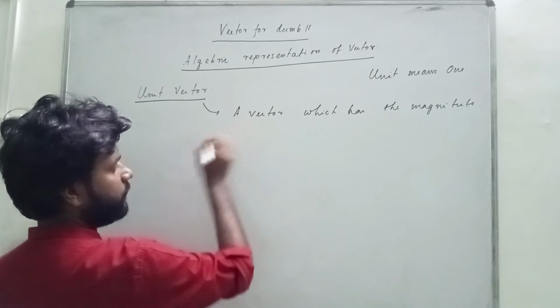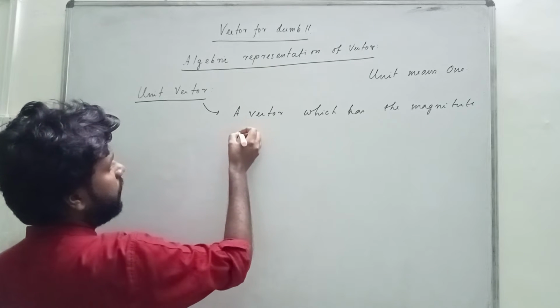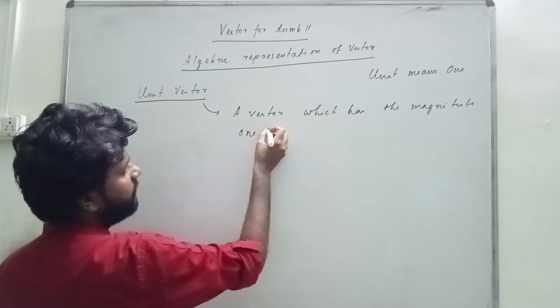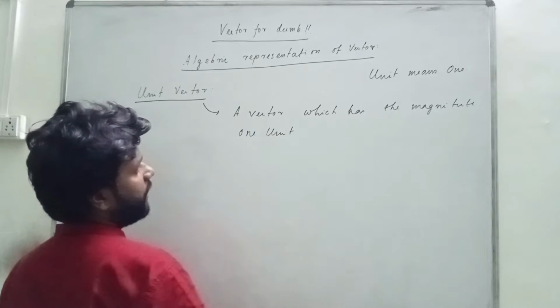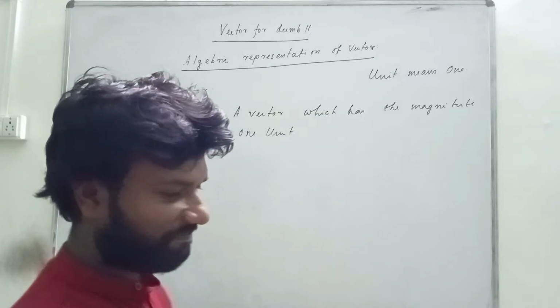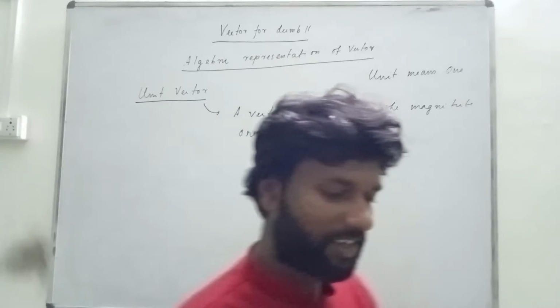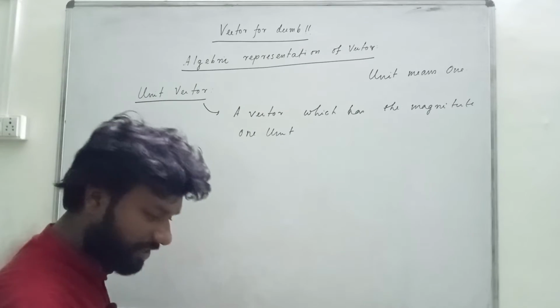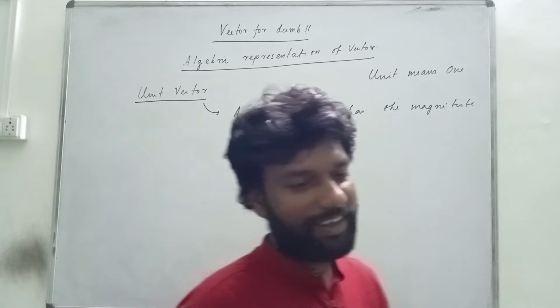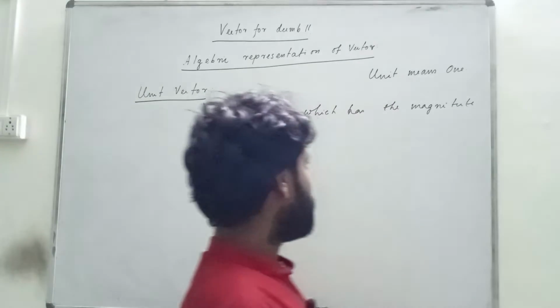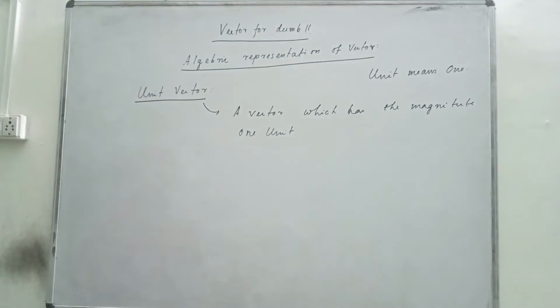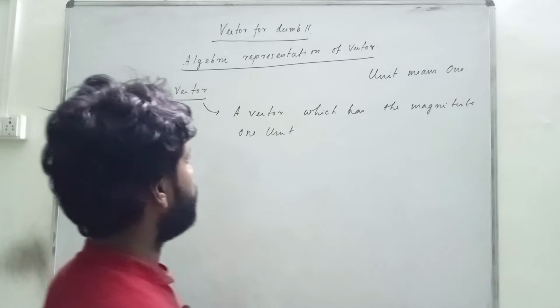The magnitude is one unit. It may be 1 centimeter, it may be 1 millimeter, maybe 1 kilometer. It's just a unit. So a vector which has the magnitude of 1 unit.